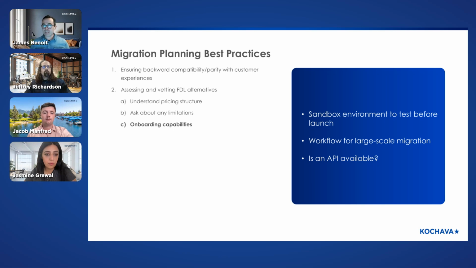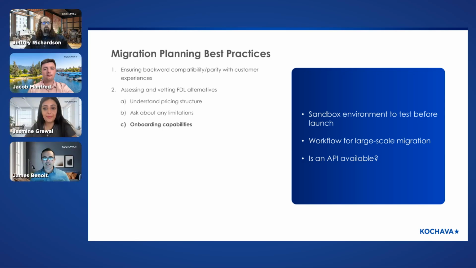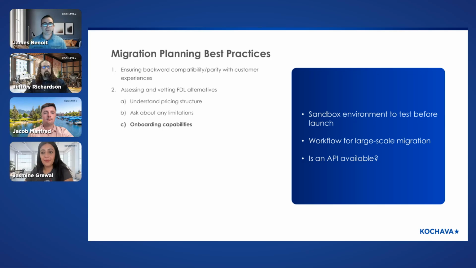We provide that sandbox testing environment to really put this thing through its paces before you actually go live and put customers against the new links that you've deployed. Testing is this important and this outward facing, so you really want to make sure it's buttoned up before it's actually set live.